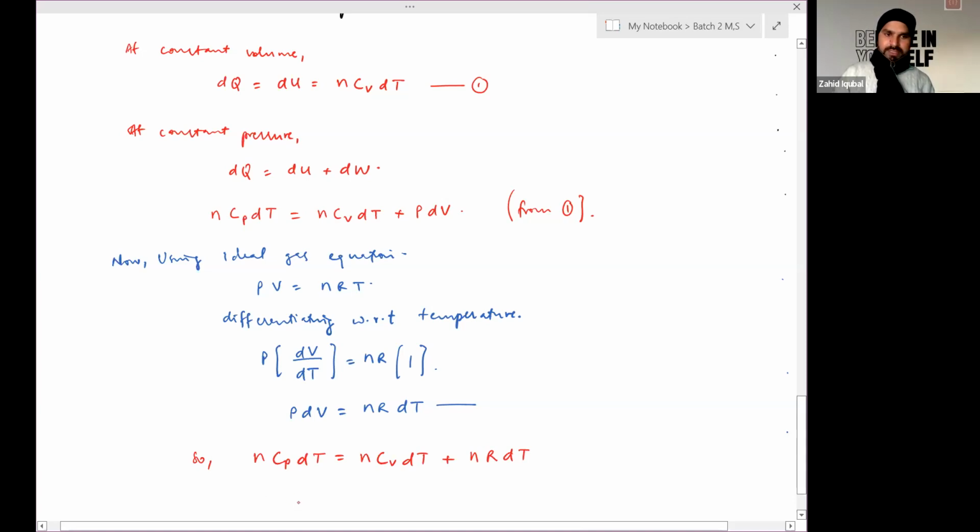So you're left with Cp is equal to Cv plus R, or move this Cv to left side. So you'll get Cp minus Cv is equal to R. This is called Mayer's relation.